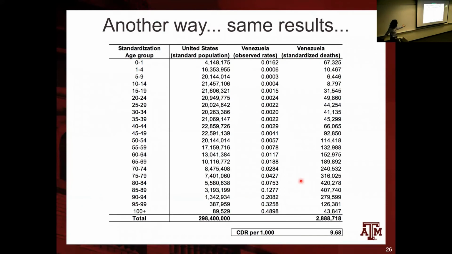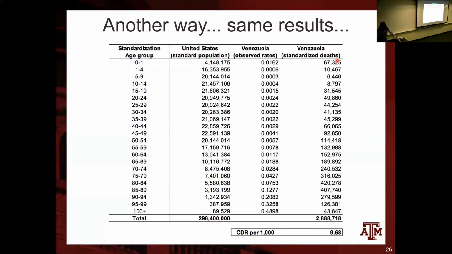You can do a little bit different. You can get the standard population in the US without the proportional terms, get the observed rates in Venezuela. If you apply these observed mortality rates in Venezuela to this population in the US, you would expect 67,000 people in the US to die before reaching 1 year of age.